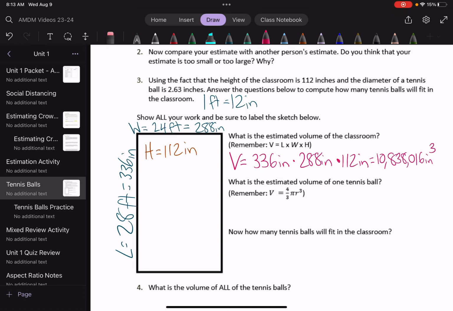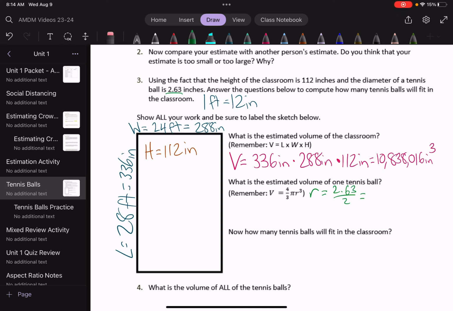Now we got to estimate the volume of one tennis ball. We were given that the diameter of a tennis ball is 2.63 inches. So if the diameter is 2.63 inches, I know the radius of my tennis ball is going to be half of that. So I'm going to take 2.63 and divide it by 2.